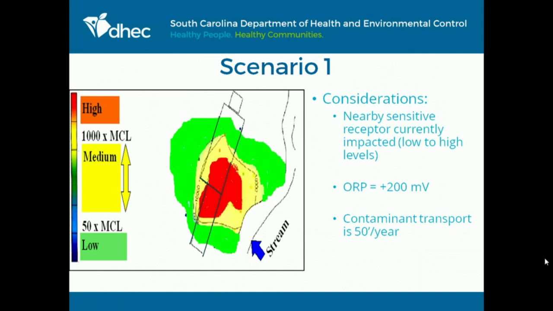So, first question. Are there sensitive receptors at this site? And active treatment, therefore, is going to be needed. And what would the decision tree recommend based on your understanding of this presentation?